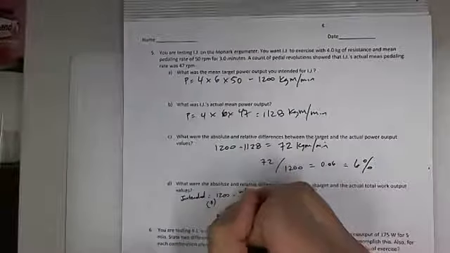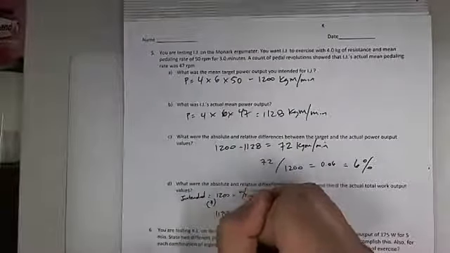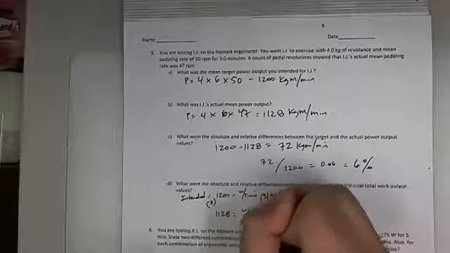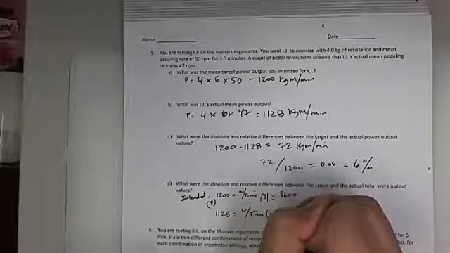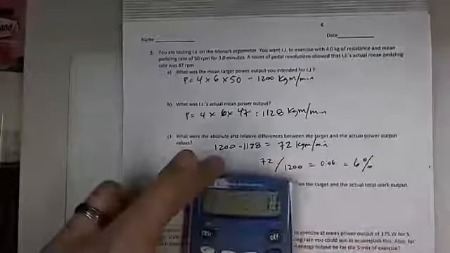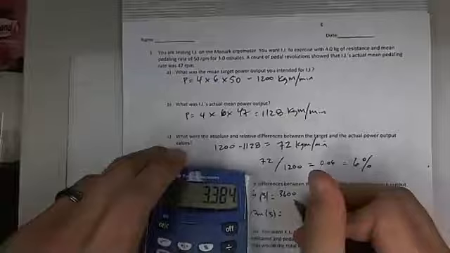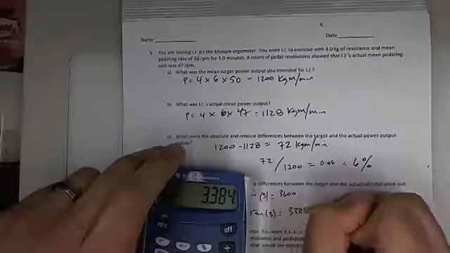So we'll multiply both sides by 3 minutes, as we've done previously. 3600, or 1128, will give us the same thing, 3384.